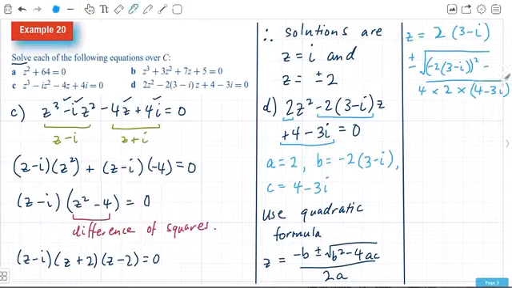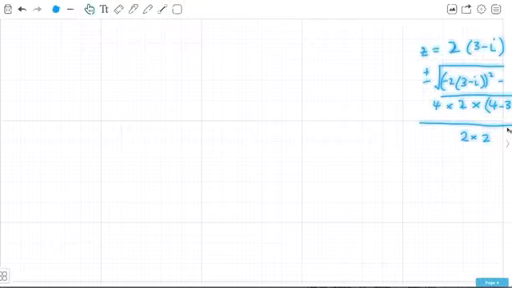So all of that is under the square root. And we've got that over the top of 2a, and that's 2 times 2. So what I'm going to do, I'm just going to put this onto the next page because it's a bit cluttered on this page.